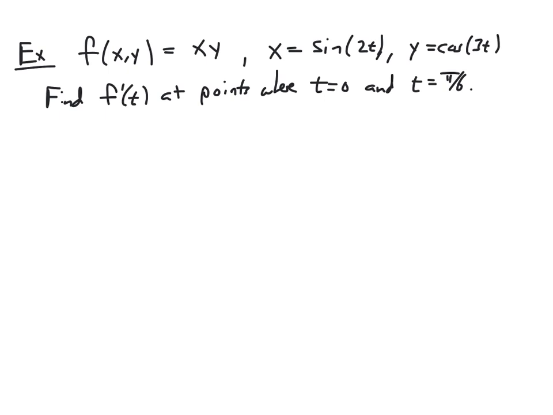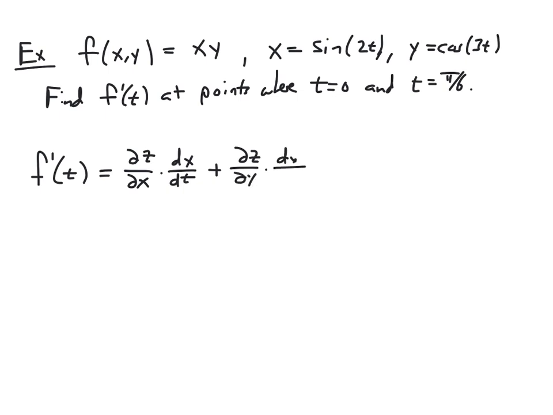So in this particular case, the chain rule tells me that f prime of t, the derivative of f with respect to t, is going to be del z del x multiplied by dx dt plus del z del y multiplied by dy dt. And these are all quite easy to compute.